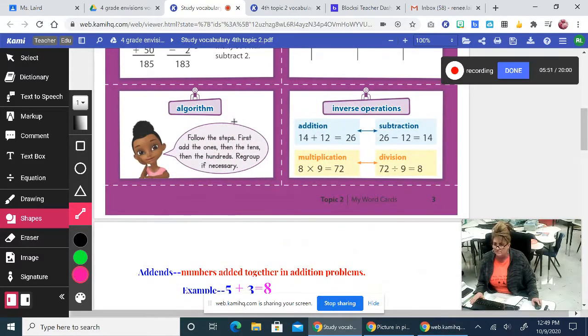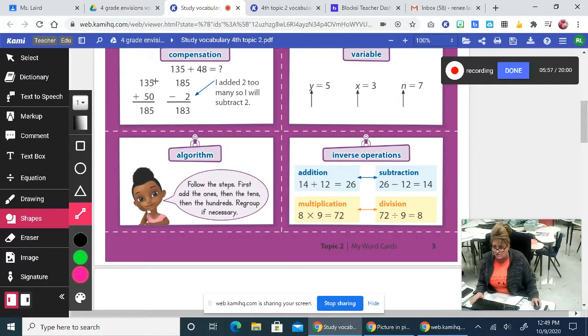An algorithm. All you do is follow the steps. You know how we have this problem right here? Up here, where 135 plus 50, and we say 5 plus 0 is 5 because we add the ones, and then we add the tens, and then we add the hundreds or whatever, or we carry over, we group.